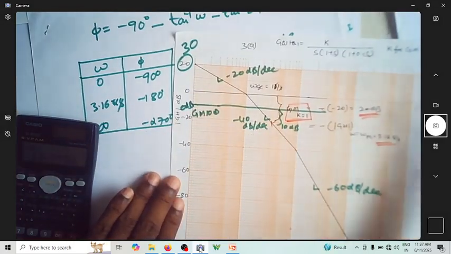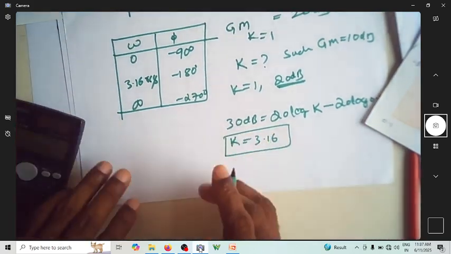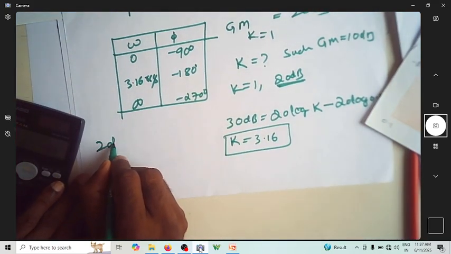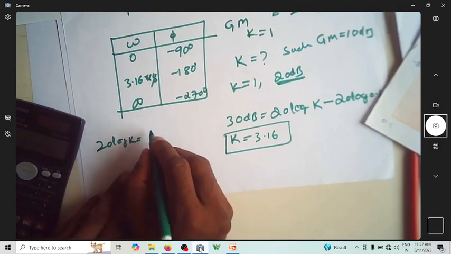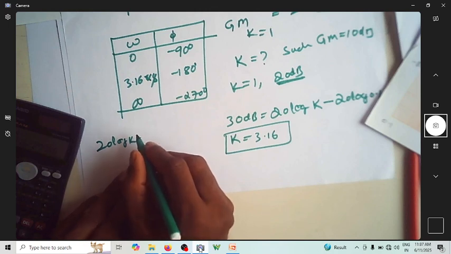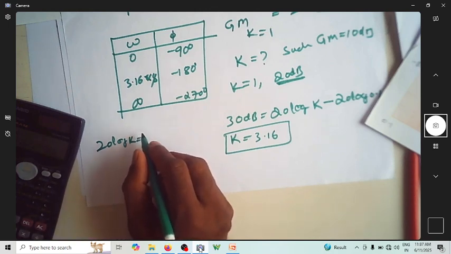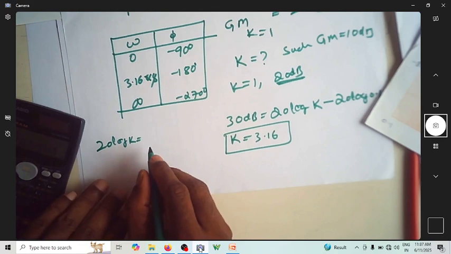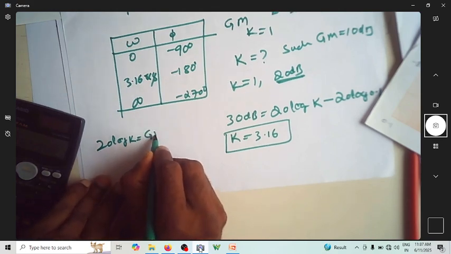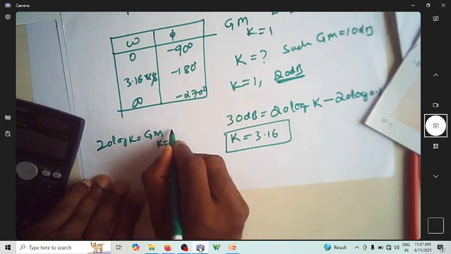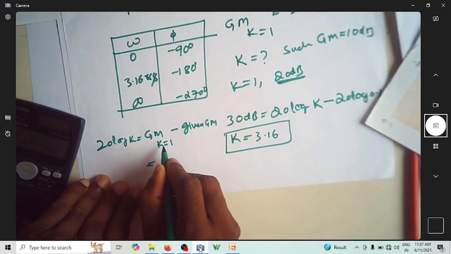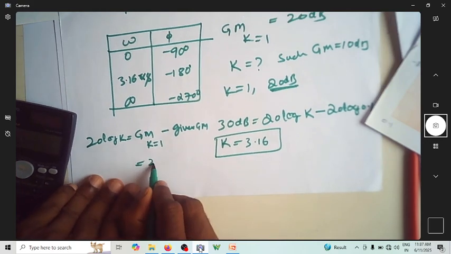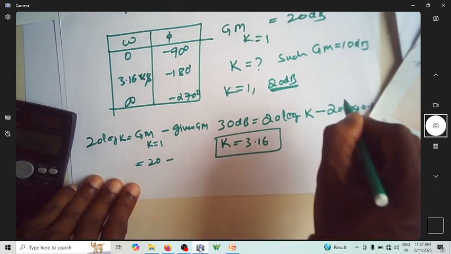Of course, there is another equation you have. 20 log K is equal to gain margin with K equal to 1 minus the given gain margin. What is the gain margin with K equal to 1? It comes out as 20 dB. What gain margin have they asked for?